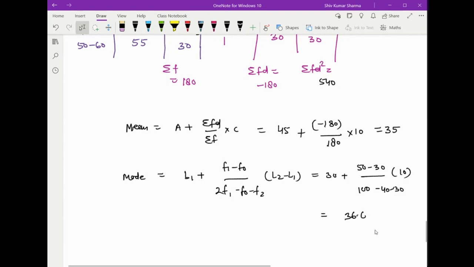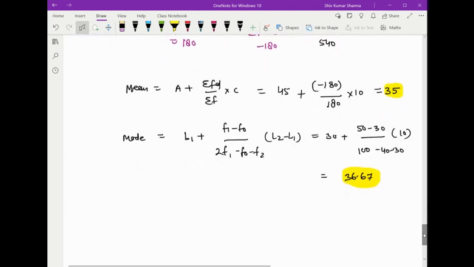So this is the mean, and this is the mode, and we also calculate the standard deviation. Here we need to calculate the standard deviation also, because the mean and mode are different.